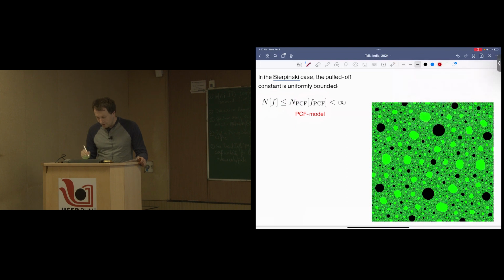And the reason is the following. Let's assume that this is our Sierpinski carpet, and this is the postcritical set. And we can look at two.